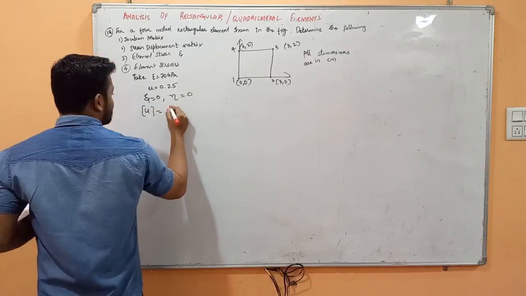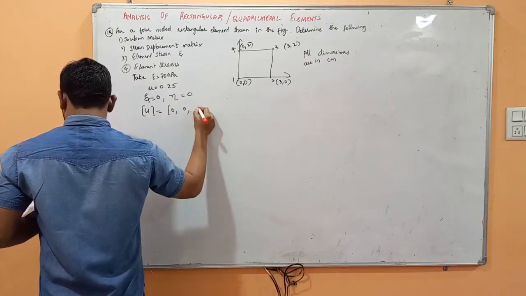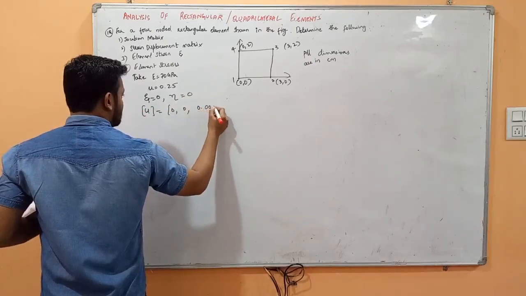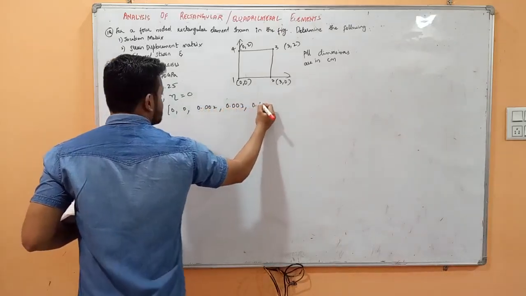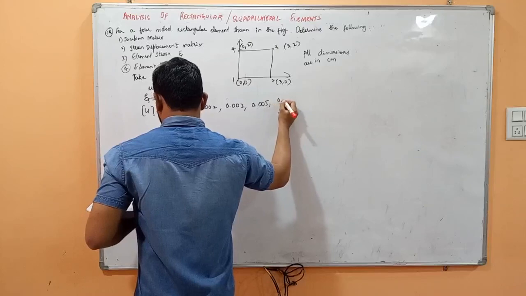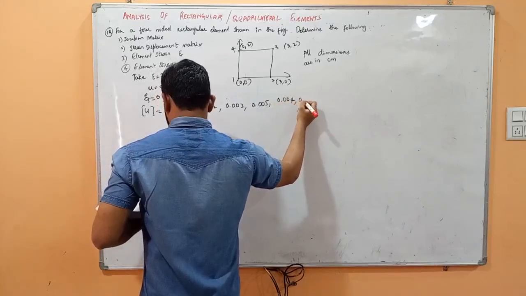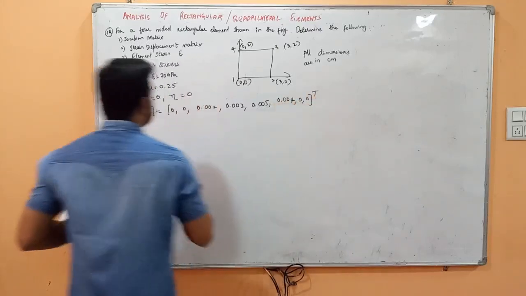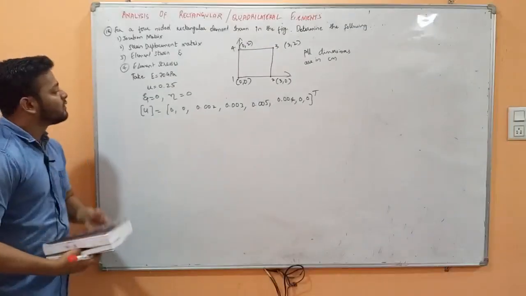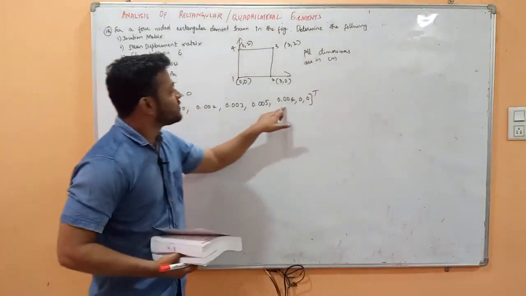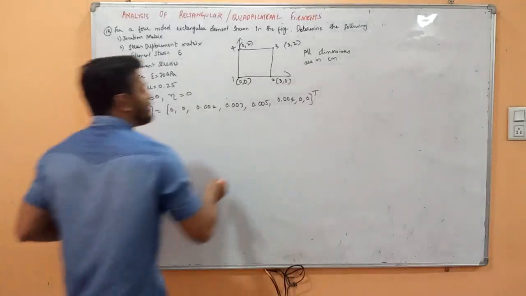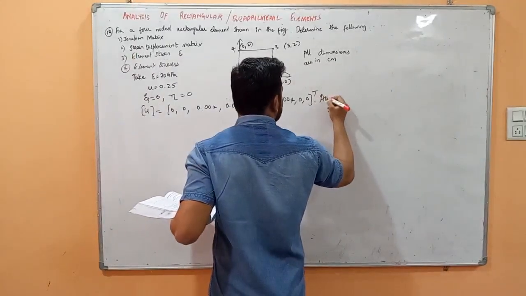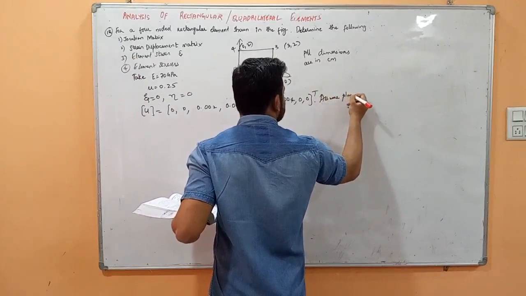So u is given as 0, 0, 0.002, 0.003, 0.005, 0.004, 0, 0 transpose. This means these are the values of u1, u2, u3, u4, u5, u6, u7, u8 given in the question. And in the question he has given us to assume plane stress.